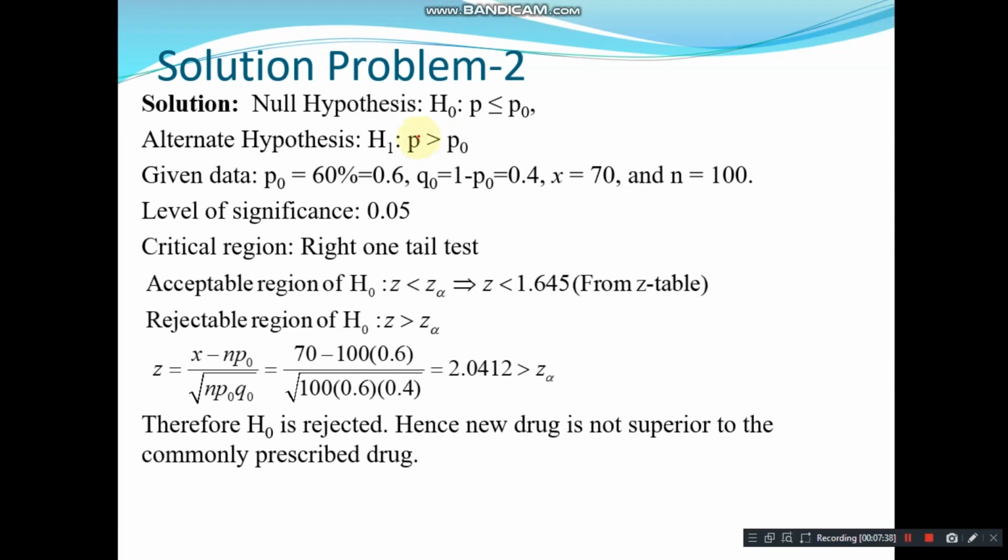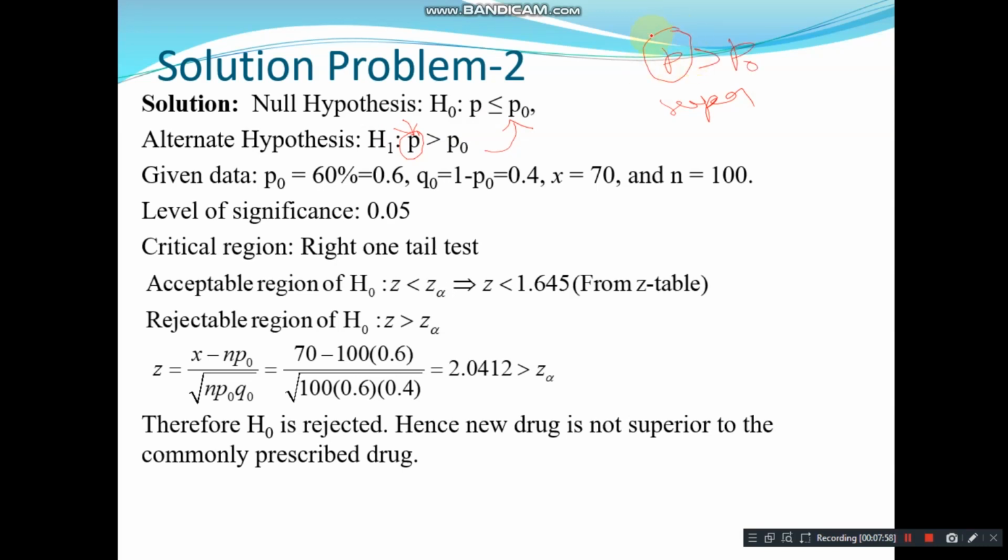The new one, P, is related to the sample, right? So that's why we have to take the superior. It's a maximum. That's why P greater than P naught. Opposite to this, null hypothesis P less than or equal to P naught. Is it clear?